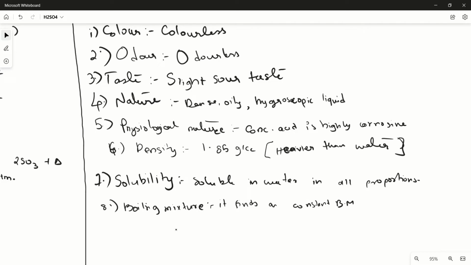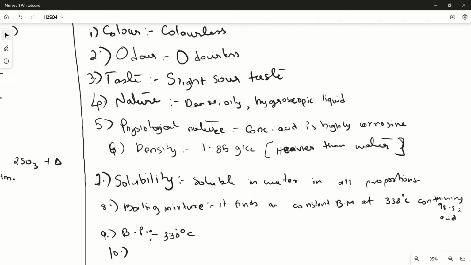It forms a constant boiling mixture at 338 degrees Celsius, containing 98.5% acid. Then the boiling point, I'll just write as BP: 338 degrees Celsius.